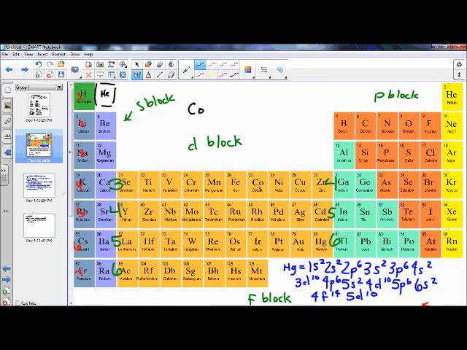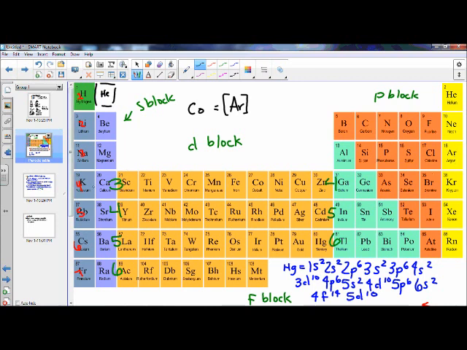So cobalt's my element. I go one row above, and argon's at the end. So I will put the symbol for argon, Ar, inside a pair of square brackets like that. Then I'm going to write the normal configuration from argon to cobalt.